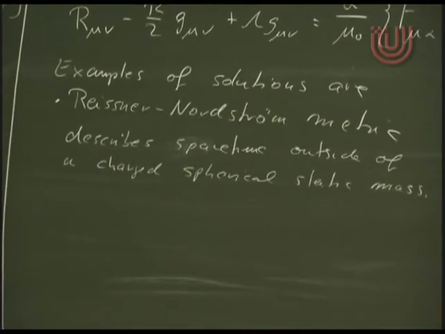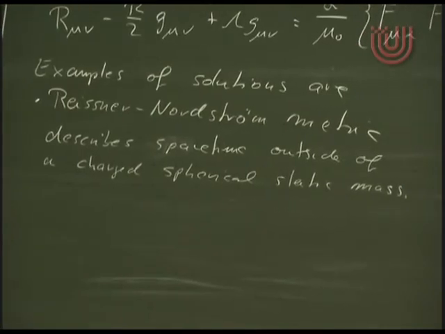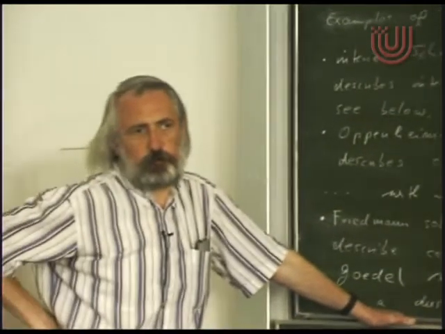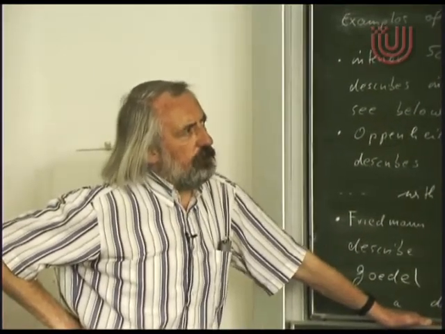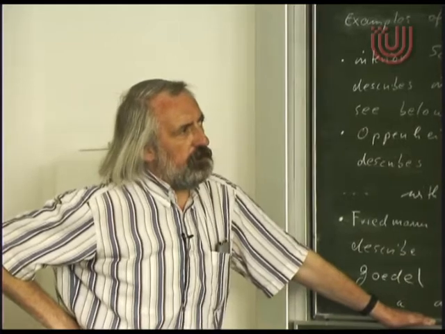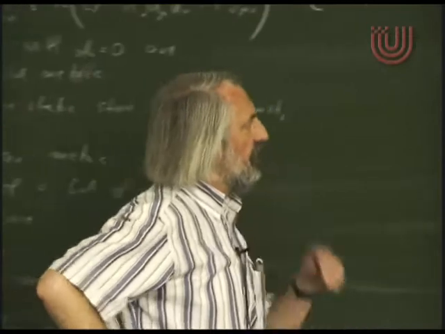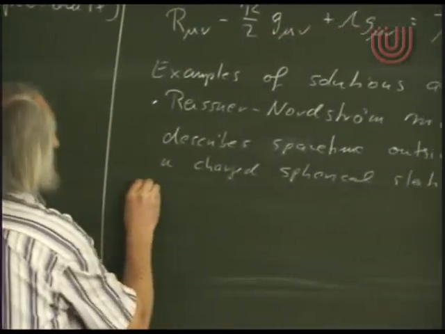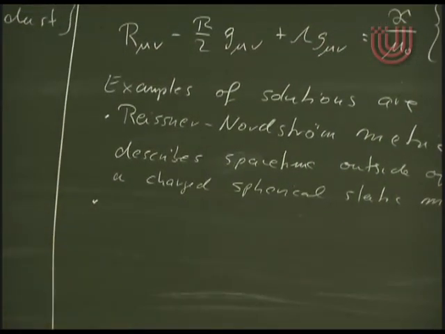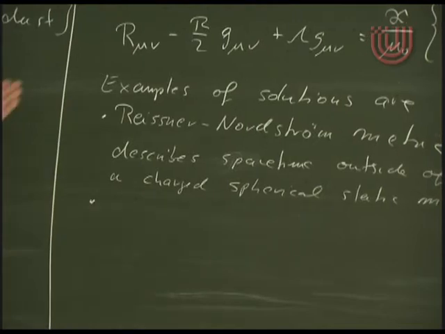So it's realistic, it's astrophysically not particularly important because all celestial bodies, stars and planets and whatever, have a net charge very, very close to zero. Yeah? So the charge of stars or other celestial bodies can usually be neglected. So it's more of academic interest, but nonetheless it is something which you can study as an application of Einstein's field equation. And then there are solutions, wave-like solutions.